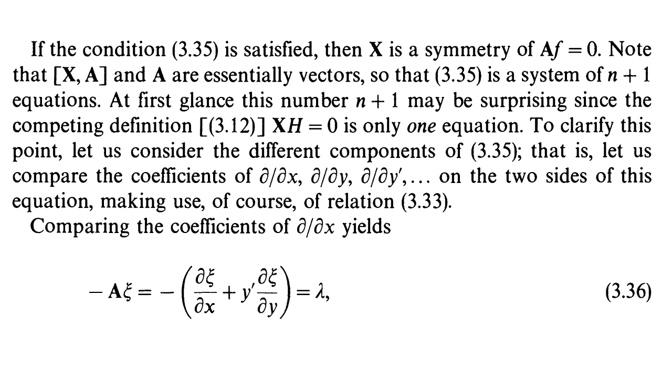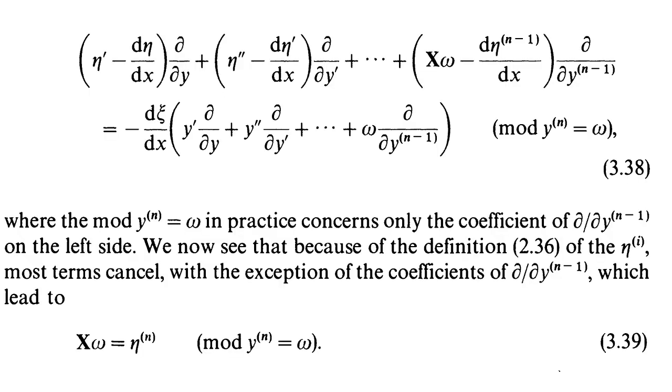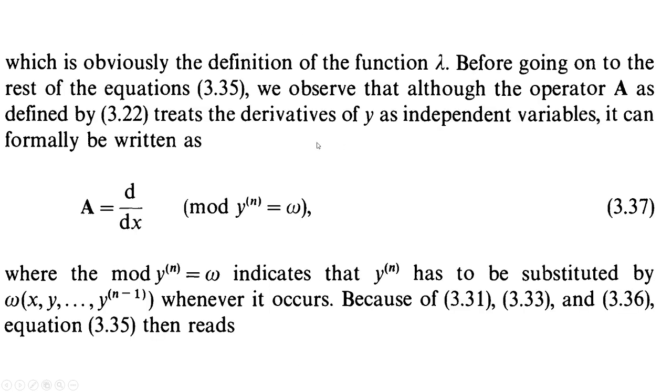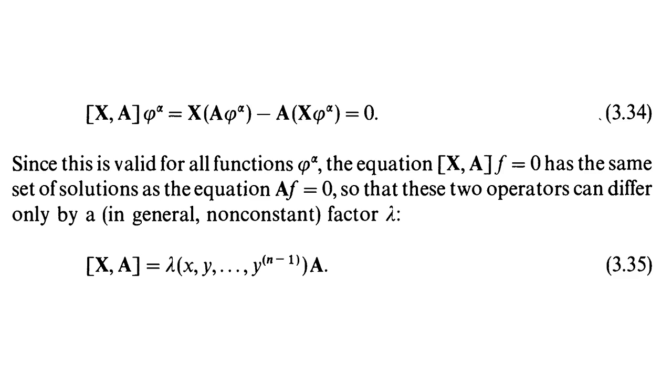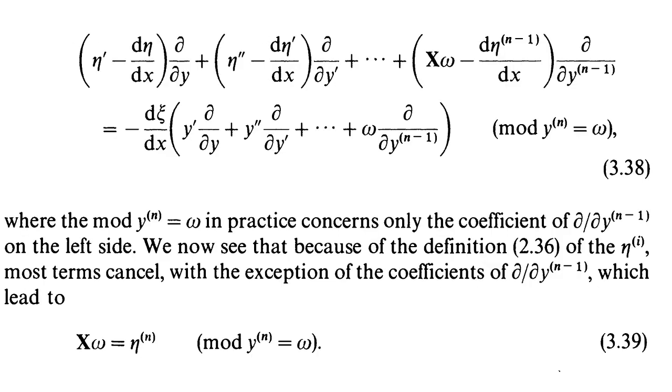So you see the left side and right side of equation 3.35 explicitly here. So from here, what we see is that something will cancel. Let's talk about only this one.